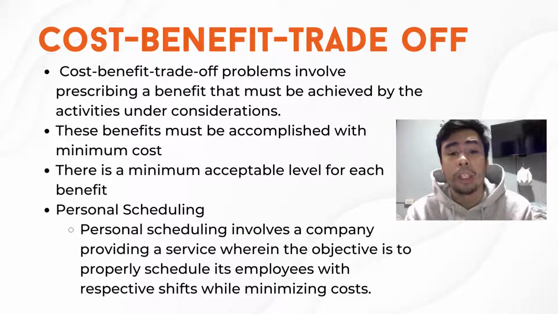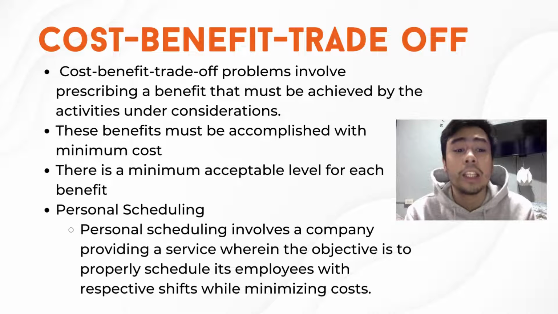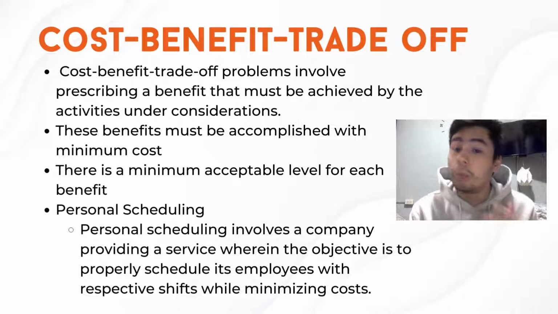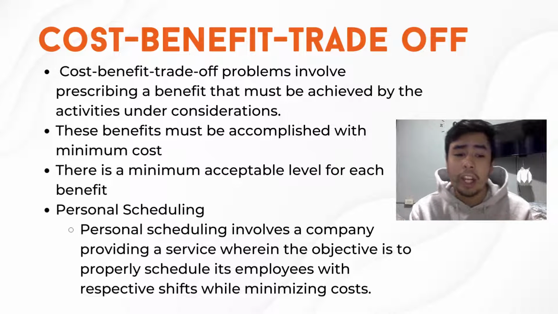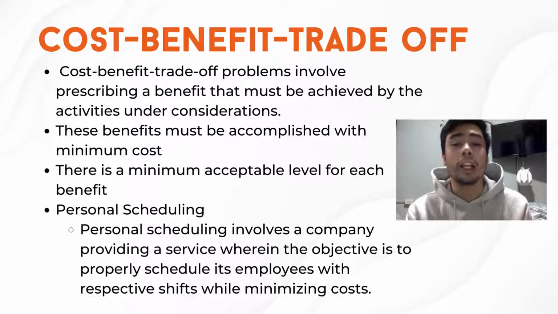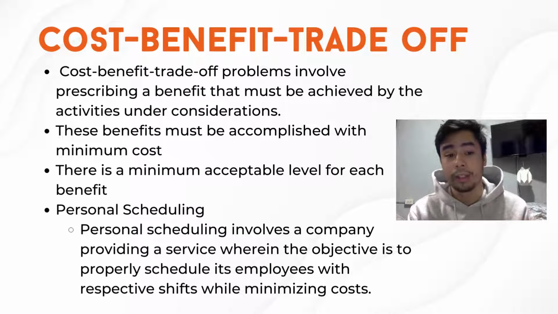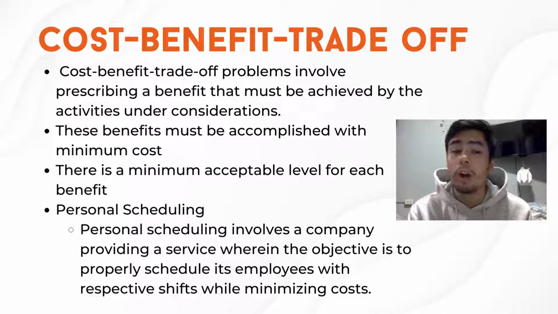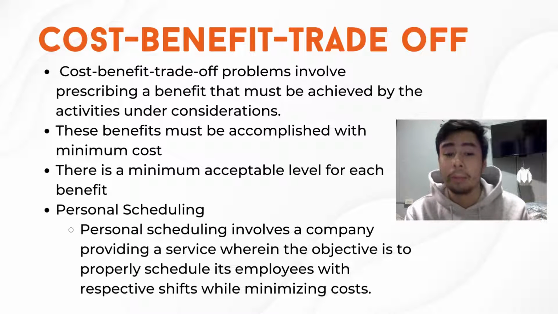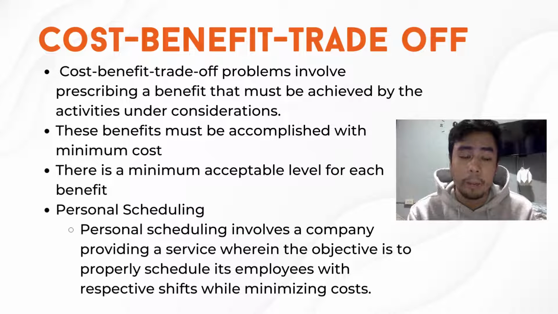Cost-benefit trade-off problems involve prescribing a benefit that must be achieved by the activities under consideration. The main difference between cost-benefit trade-off and resource allocation is that there are certain conditions that must be taken into account to achieve the benefits. These benefits must be accomplished with minimum cost, and there is a minimum acceptable level for each benefit.